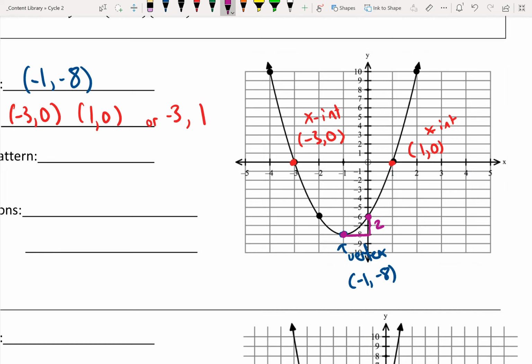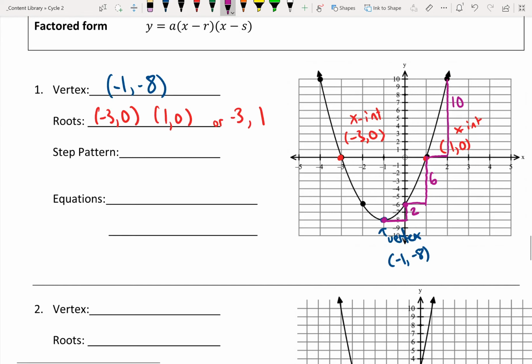To figure out the rest of the step pattern, I'm going to go over 1 again, go up 1, 2, 3, 4, 5, 6 to get to my next point. So that's my next step. And finally, go from that point and count all the way up again, and we have a step of 10. So that means my step pattern is 2, 6, 10.